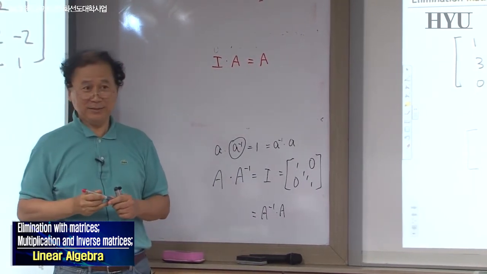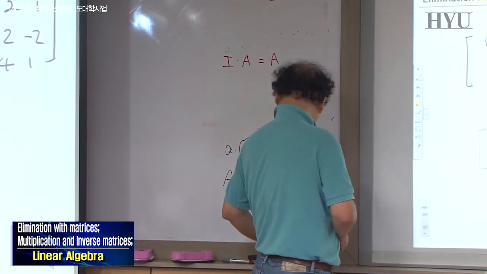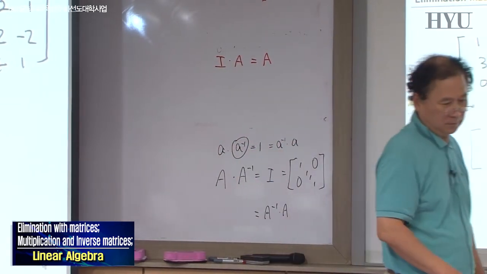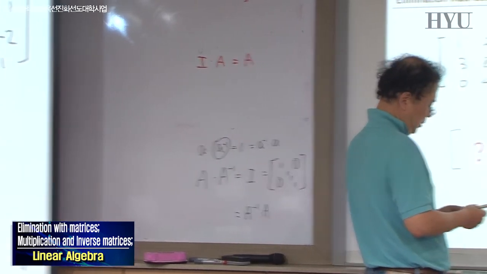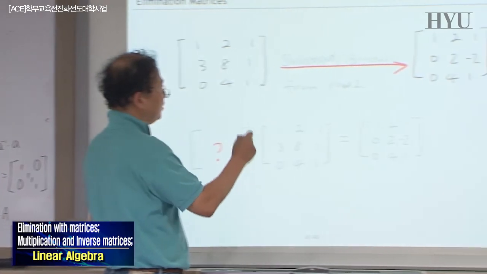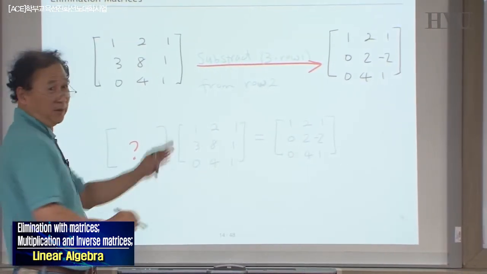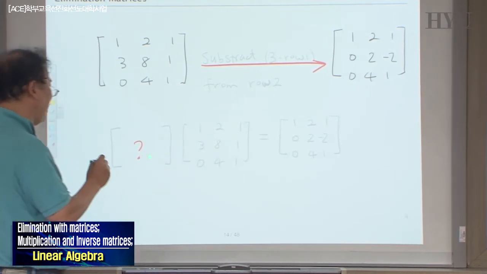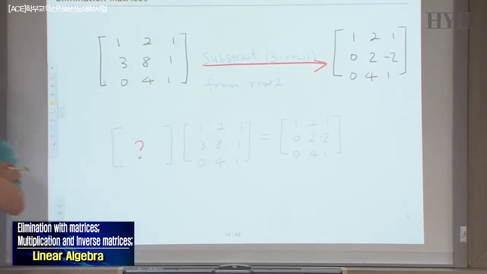We know that. But here we come up with this transformed matrix, say A prime. Can you come up with some matrix that, by multiplying, gives us that value? Can you come up with any matrix?